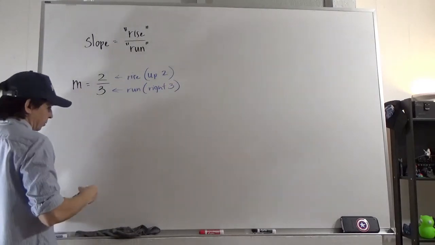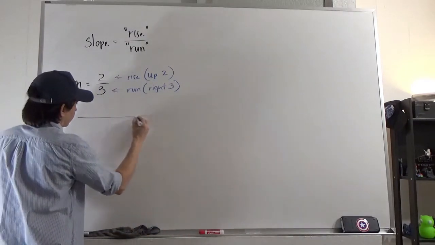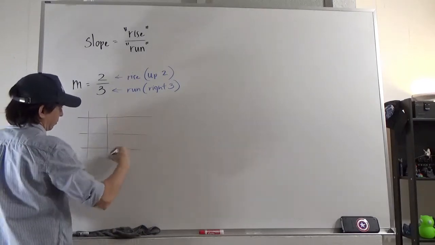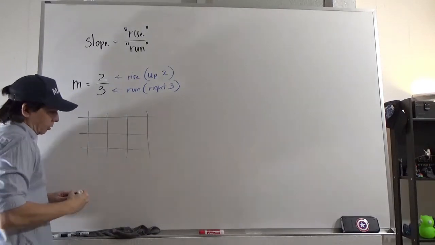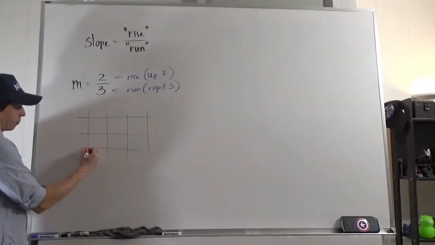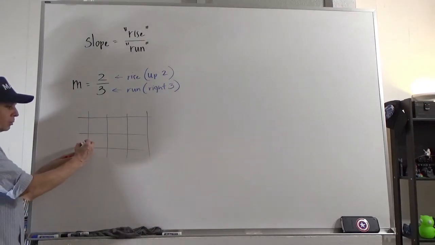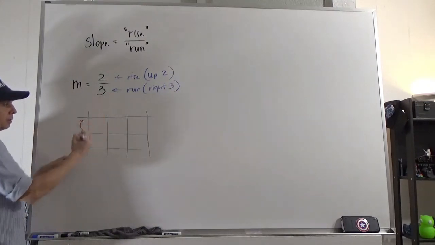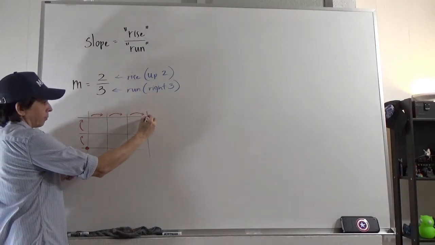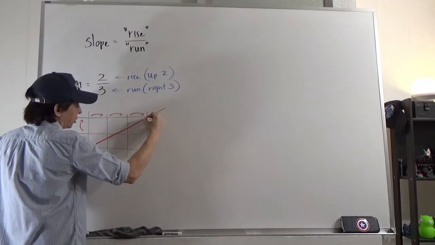So on my graph, if I have a starting point, let's say it's right here, and I want to figure out how I'm going to use the slope to find another point, I'm going to start at that point and count 1, 2 up, and always to the right, 3 to the right. I'll get a second point, which is enough for me to draw my line.